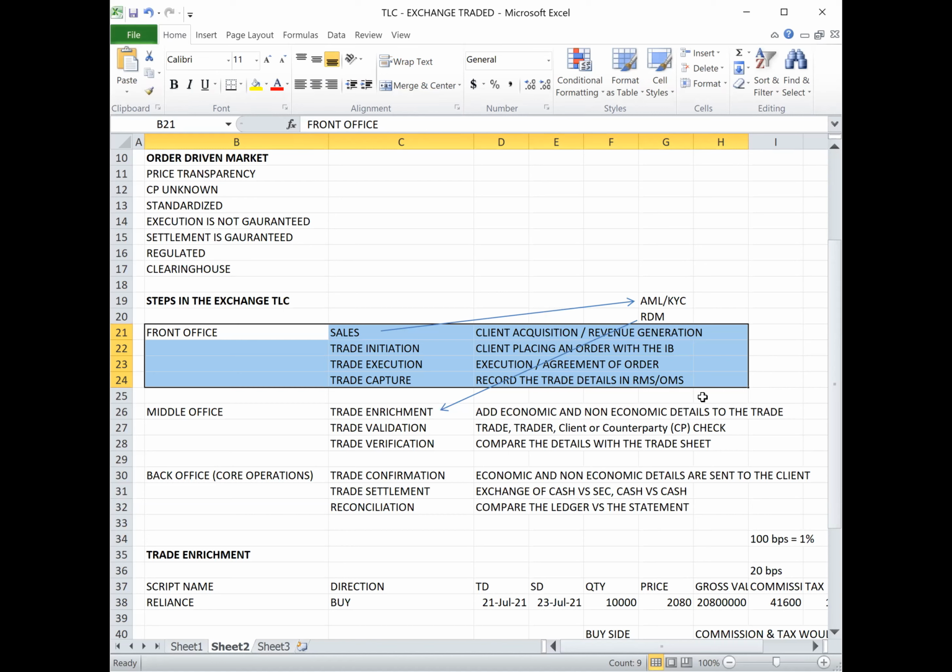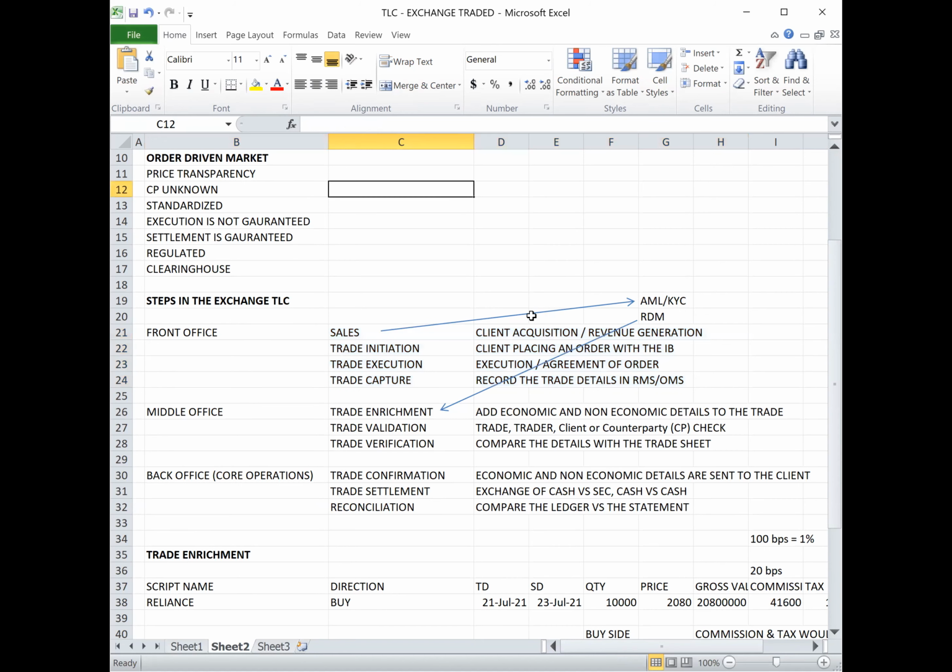Okay, are we clear with the front office steps taken care of by the front office of the trade life cycle? Sir, can you please tell me the full form of RMS and OMS?